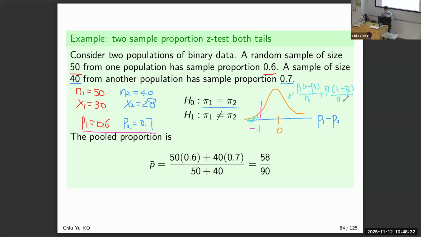And we also know that because we are assuming the pi is the same, we can actually make a much better guess, which is P hat, the P bar, this guy. Basically just add them: the number of people who like K-pop, 58, over 90. That would be our answer.